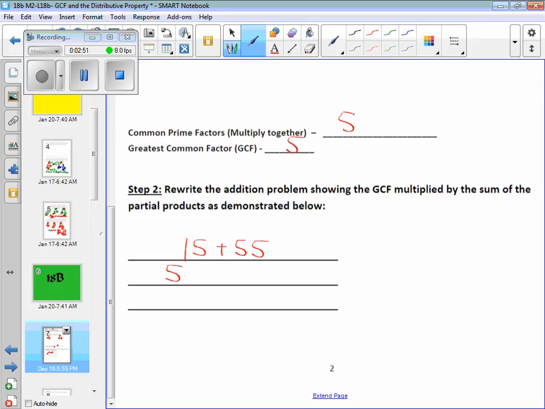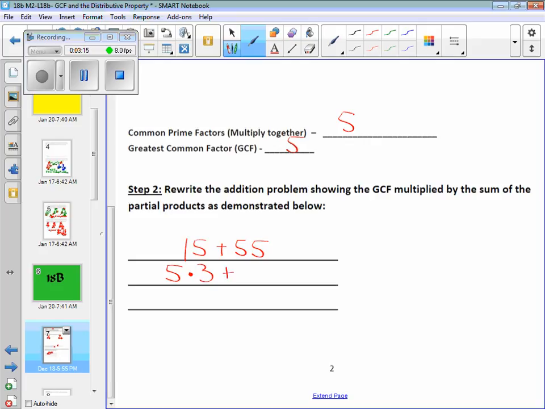And we kind of did this when we were doing the word problems. 5 times what makes 15? I am going to make a times symbol and show that 15 by saying 5 times 3. That's what's making my 15. I'm going to bring down my plus sign.